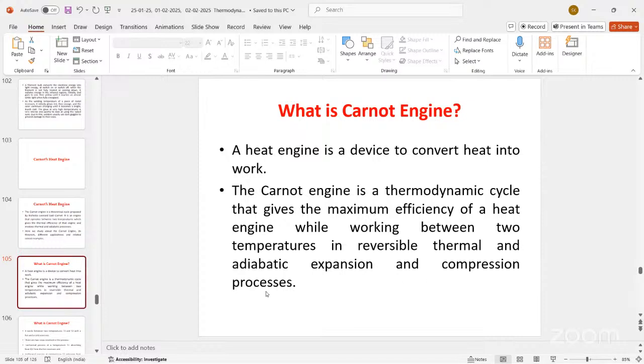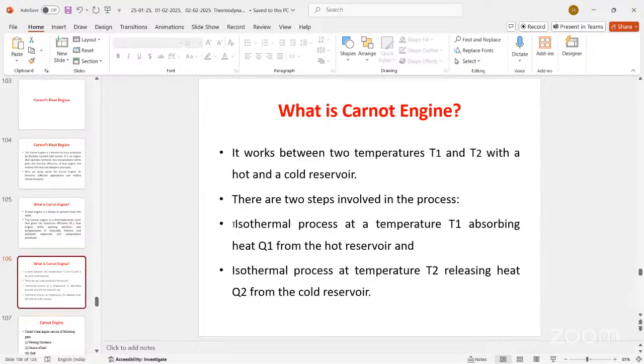We have two types of expansions and compressions: adiabatic expansion and adiabatic compression. It works between two temperatures, T1 and T2, which we discussed earlier.